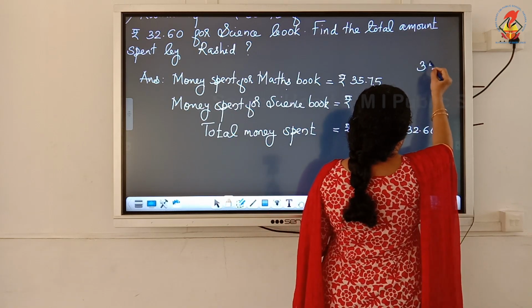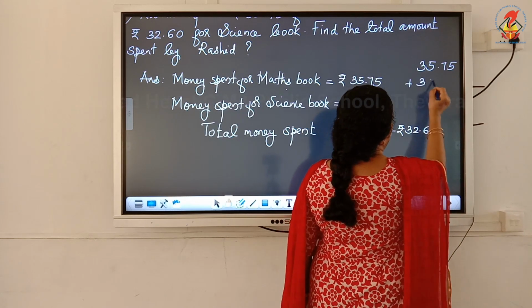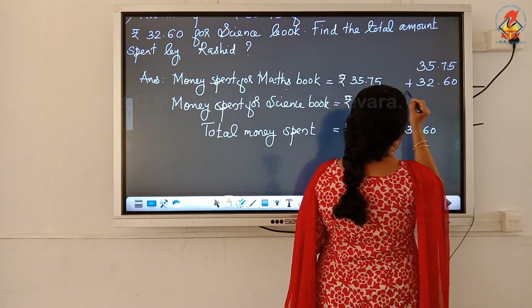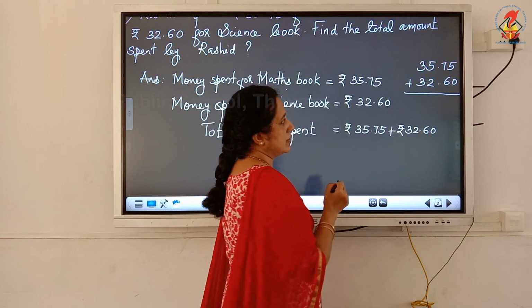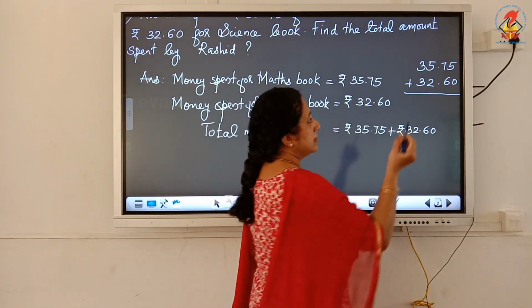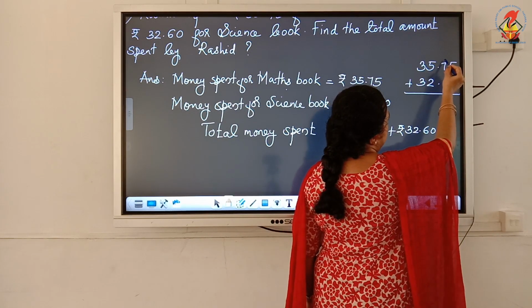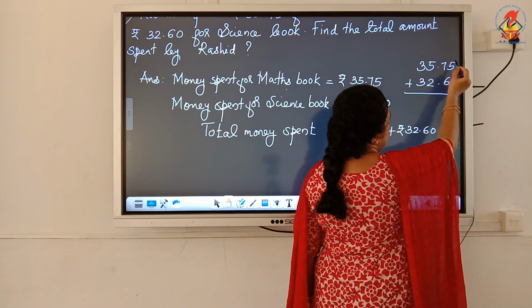So 35.75 plus 32.60. When we add, we have to start from the 100th place. Here look at that. After the decimal point, we have 10th. Next is the 100th.